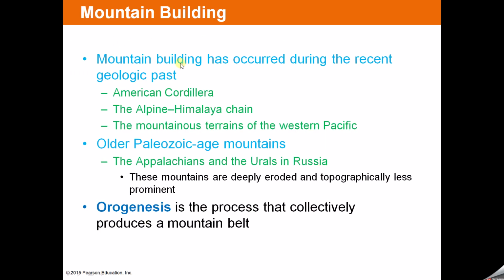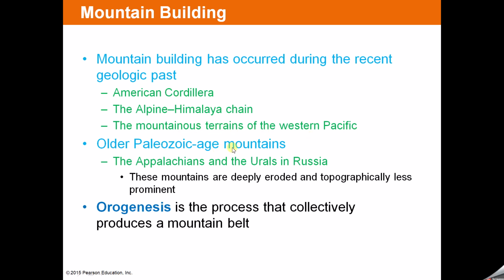Now, mountain building. Mountain building has occurred during the recent geological past. So we have recent and older Paleozoic age mountains. What are the recent mountains? American Cordillera, the Alpine Himalaya chain, the mountainous terrain of the West Pacific. There are three.